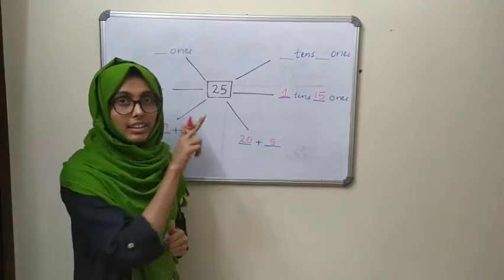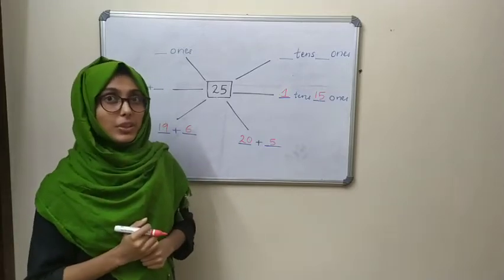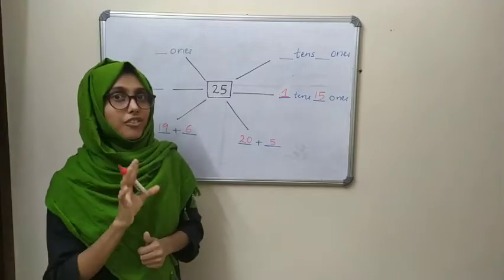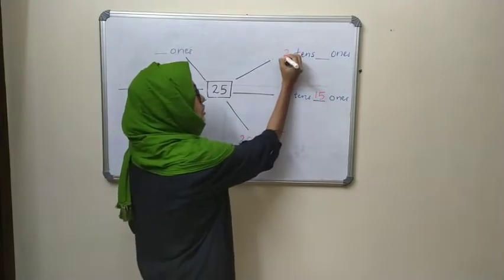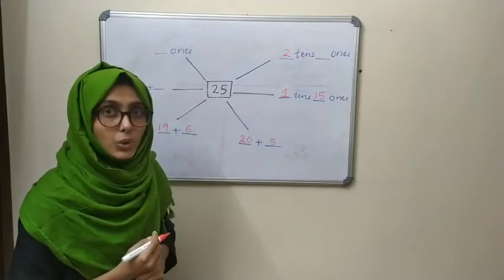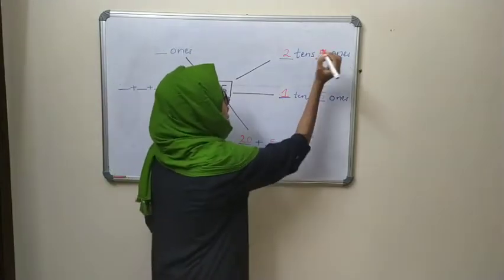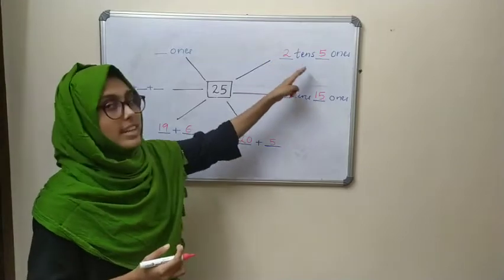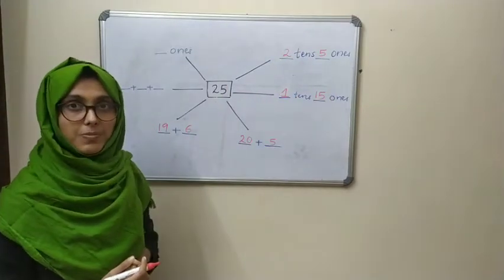So you have 2 10 rupee notes, isn't it? 2 10 rupee notes means 20 and 5 1 rupee coins. So you can write here 2 tens, 2 tens means 20, and 5 ones. So 2 tens, 20, and 5 ones, again 25, isn't it?